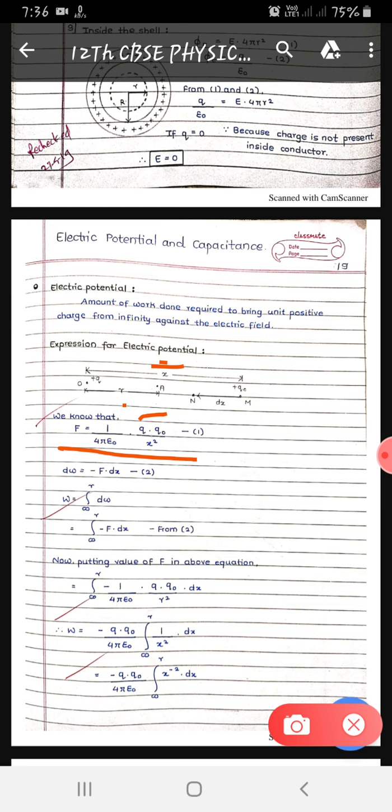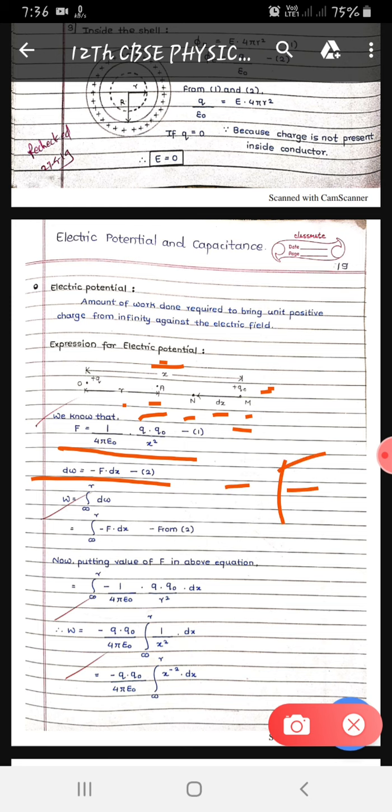Okay, but according to small work done, because we have to bring this unit positive charge from M to A. So initially we have displaced this unit positive charge from M to N with a small displacement dx. So the work done in this case is equal to minus F dx. Why is minus F there?